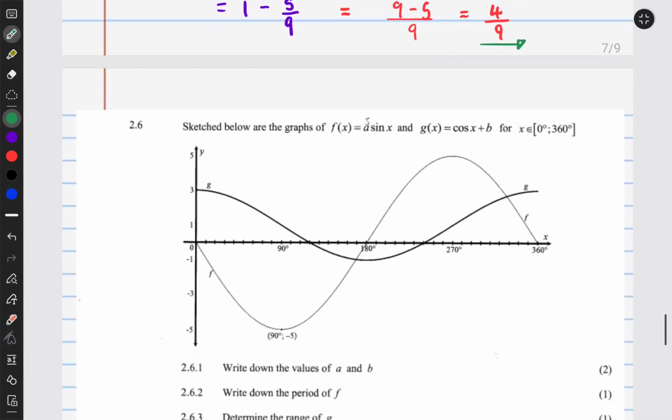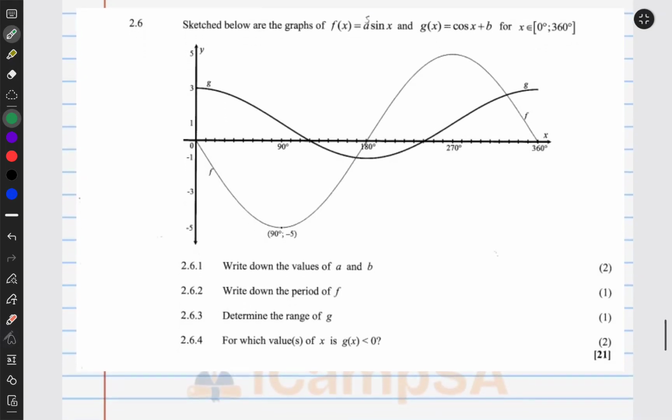Okay, and then next for 2.6, sketched below are the graphs of f of x is equal to a sine x and g of x is equal to cos x plus b, for x an element of 0 degrees to 360 degrees. So the range is 0 to 360 degrees.